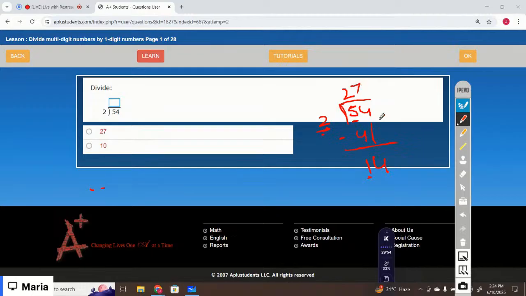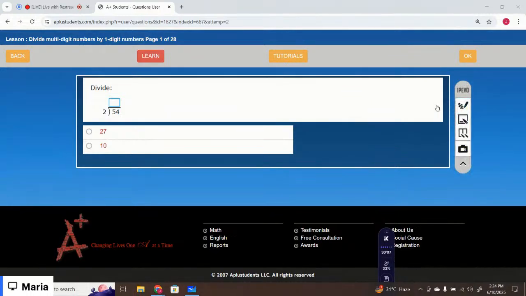That is 2 times 7 is 14. So 14 take away 14 is 0. That is 27. Option number 1 is the correct option.